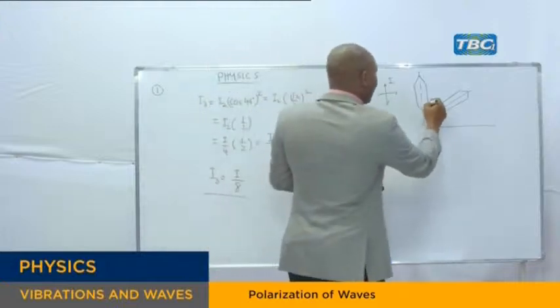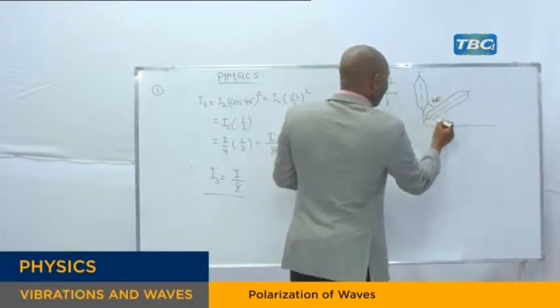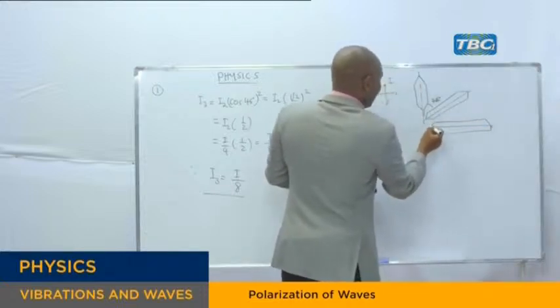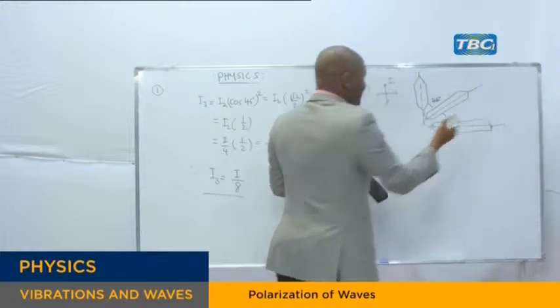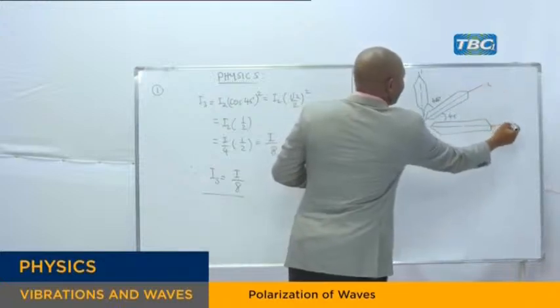So this angle here is 45, and this one is 45 again. Those are the transmission axes. This is the first one, this is the second, this is the third.